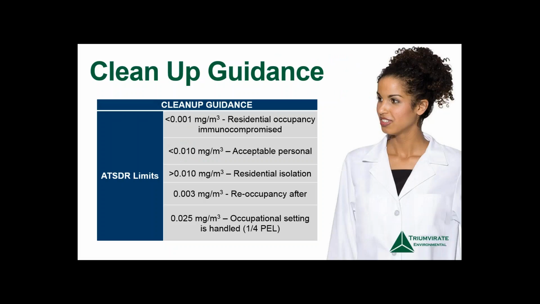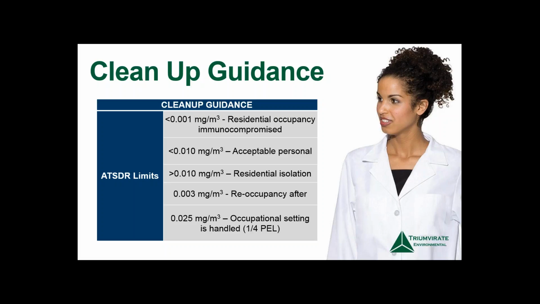The cleanup guidance states that residential occupancy or the immunocompromised, which does include hospitals, follow a less than 0.001 milligram per cubic meter concentration. The acceptable personal effects level, which would be if somebody were to have a spill that contaminated their clothes or their boots or a backpack or anything of that nature, is that the concentration of that item be less than 0.01 milligram per cubic meter.